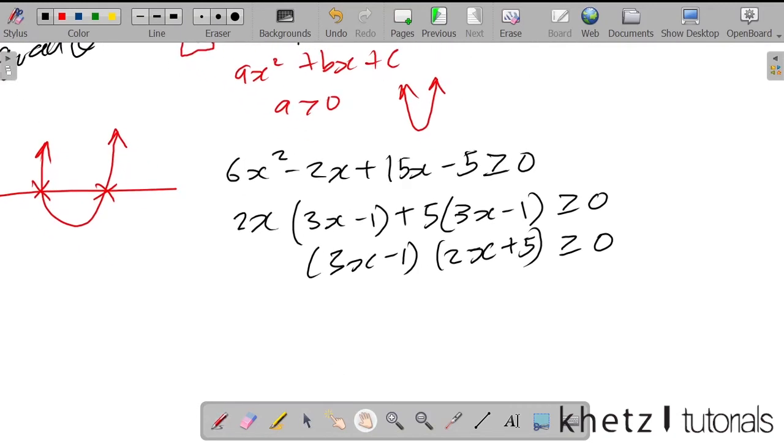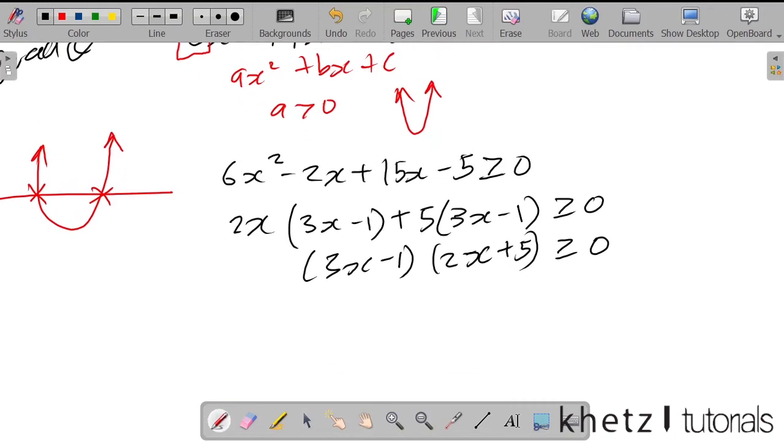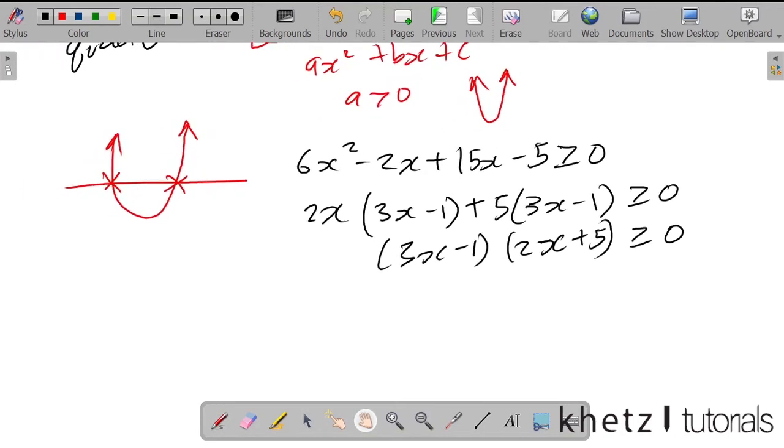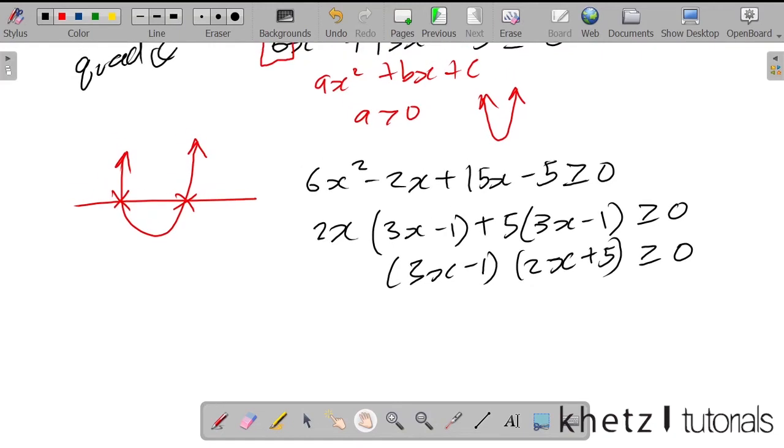Now that you have that, you'll see that these brackets actually give you the roots, or where the function crosses the x-axis. So if we look at this as the x-axis, one of the values where it crosses is 3x minus 1 equals 0, which is x equals 1 over 3.